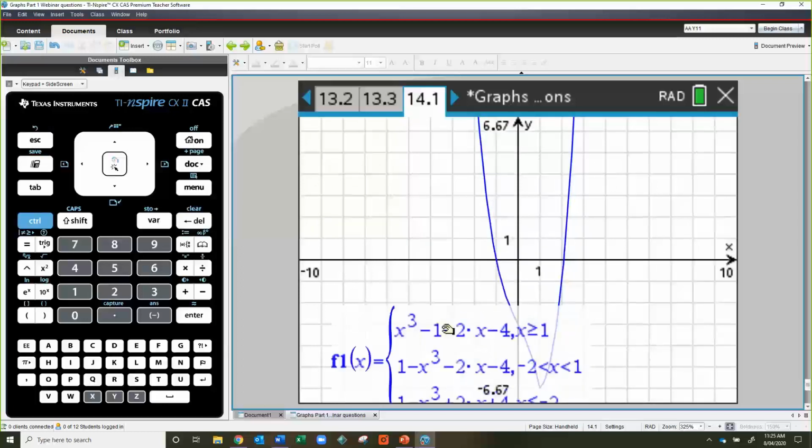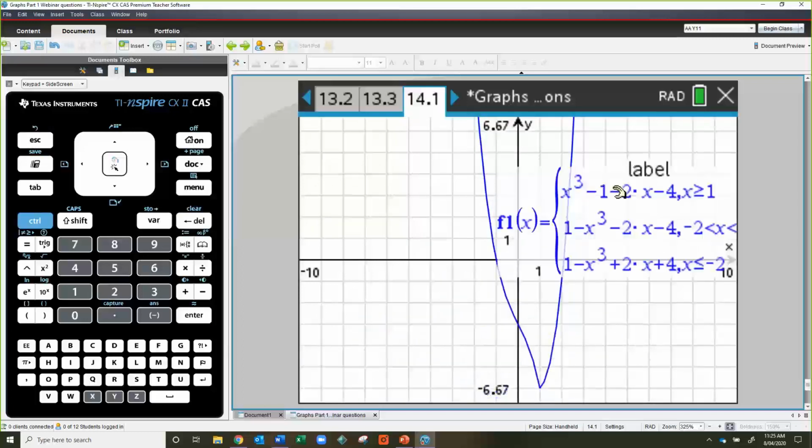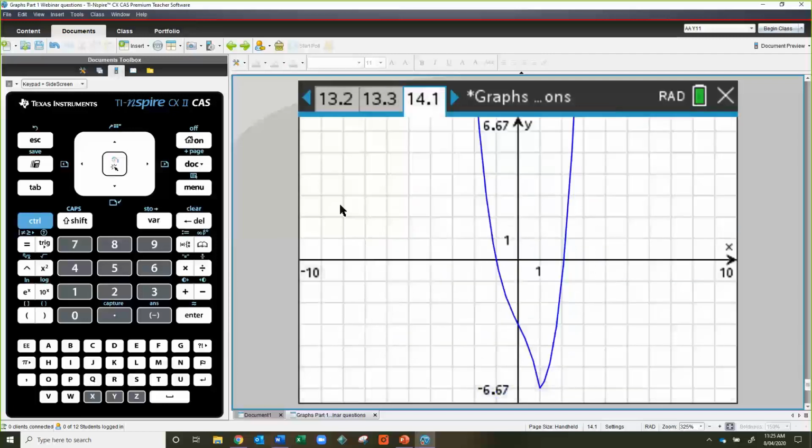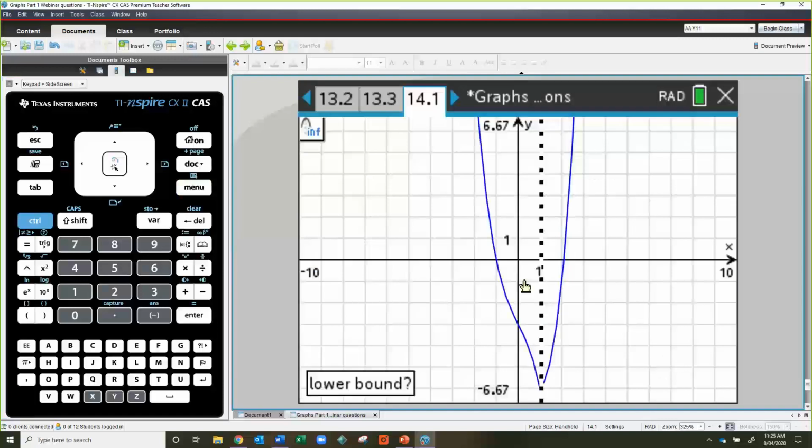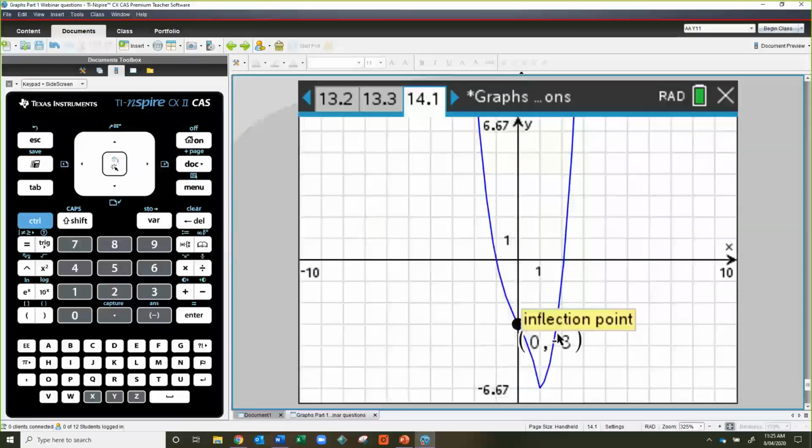So now I have this graph as a piecewise function. I might hide that because it's in place. And now if I try to do inflection, it will pick up the inflection point as (0, −3).